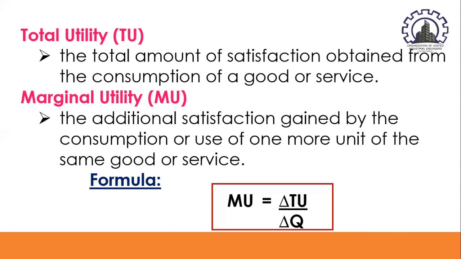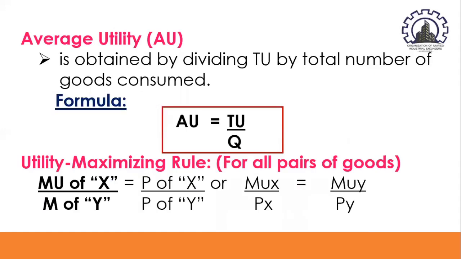Numerically, this is obtained by dividing the change in TU or total utility by the change in quantity. Average utility is obtained by dividing TU by the total number of goods consumed, as you can see in the formula.